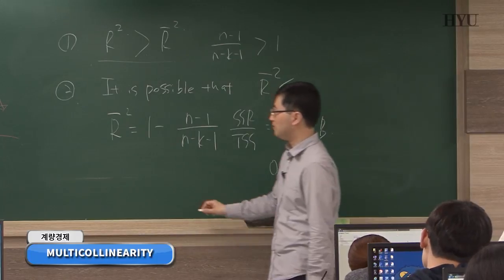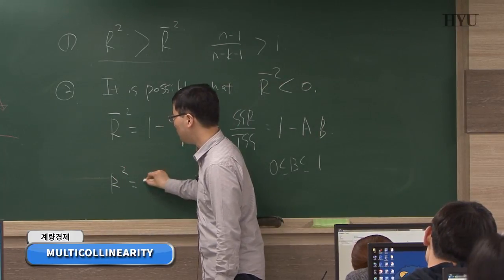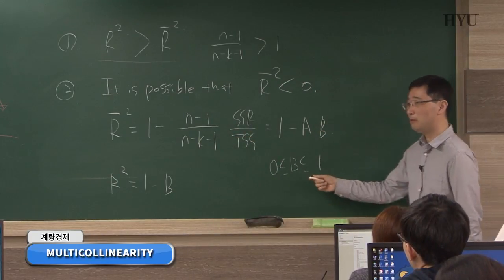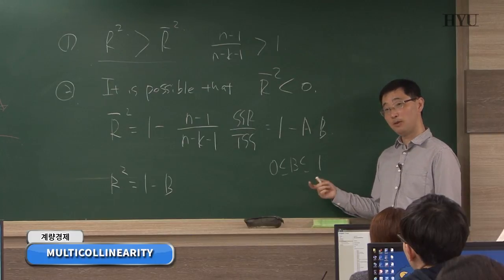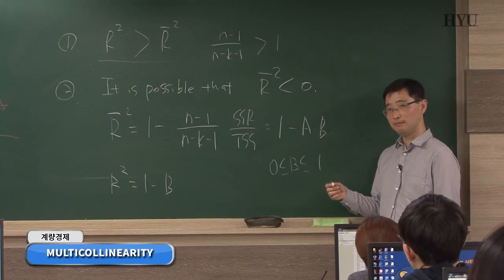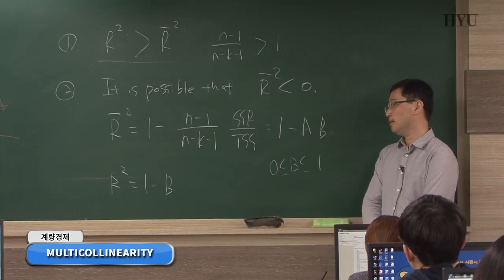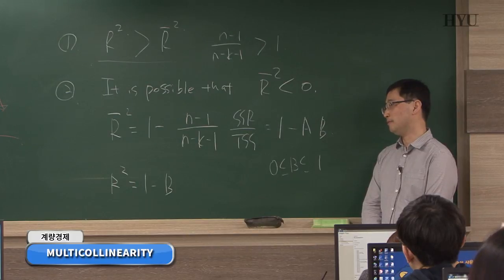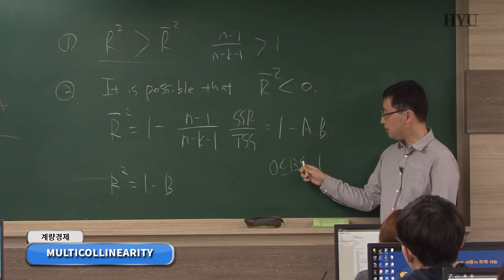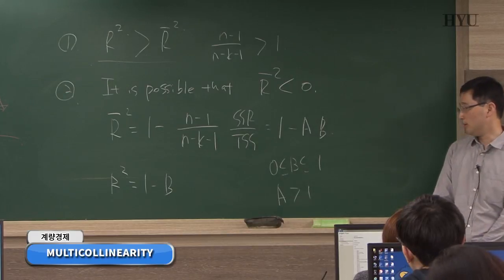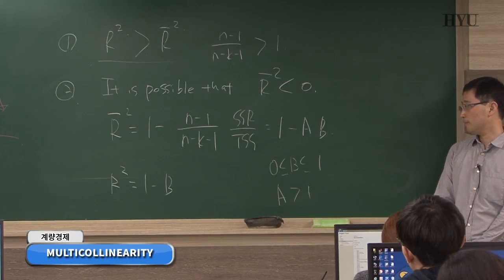For the R squared, it stays between 0 and 1 so nicely because it was just 1 minus B. So 1 minus a number between 0 and 1 makes R squared, again, between 0 and 1, which is very nice, right? Because it's supposed to be some percentage of variation. Now, the problem with the adjusted R squared is we multiply another number, which is bigger than 1, in front of B. So it really depends, right?